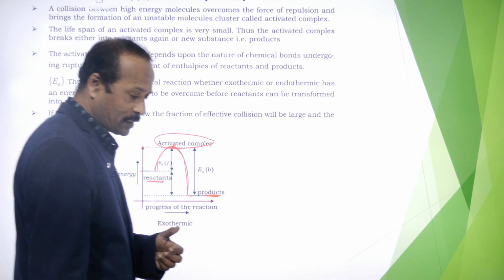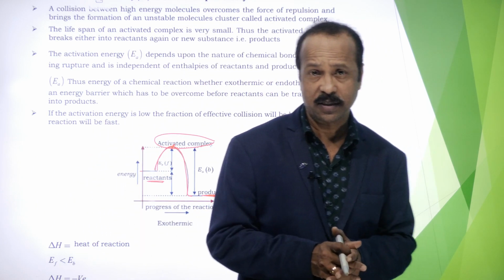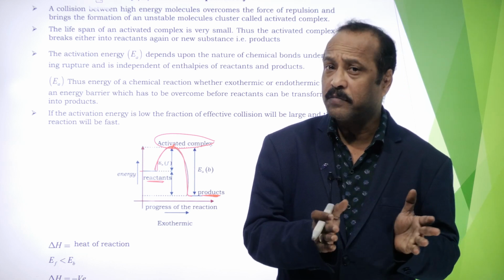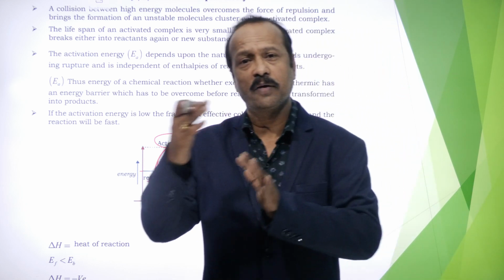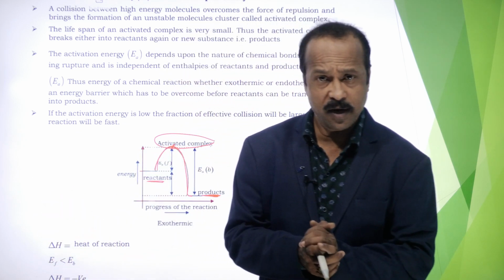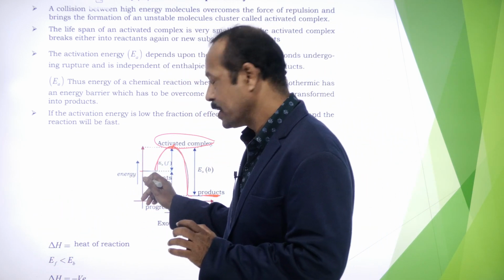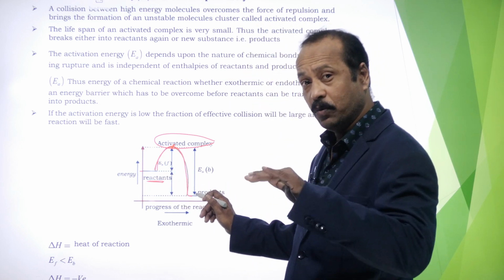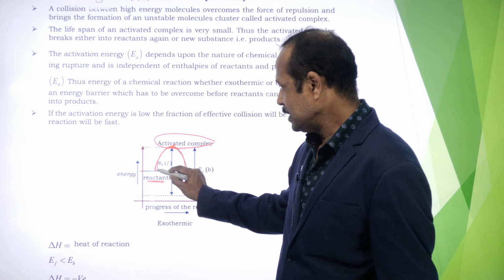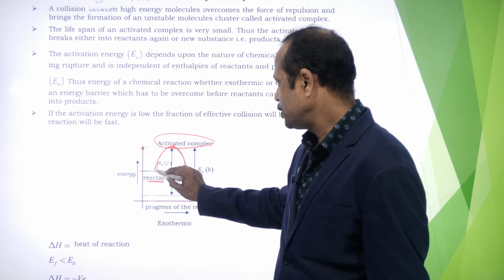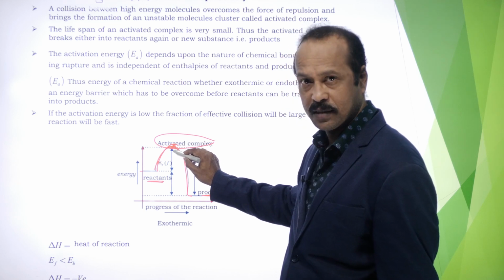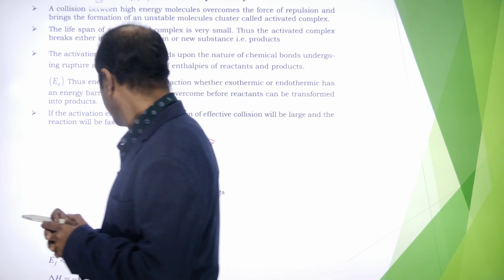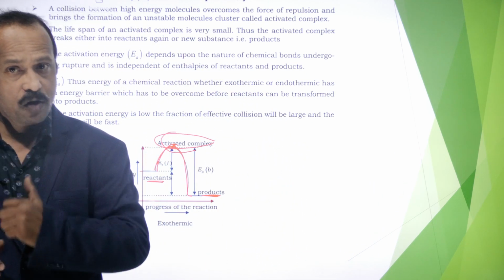Later, based on the conditions, this activated complex can be converted into the products, or sometimes it cannot be converted to product, but can be converted again into the reactants. Anything can happen here. Reactants are combining to form the product, that we know. But internally, when these reactants achieve this stage, the highest energy stage, they form the activated complex.